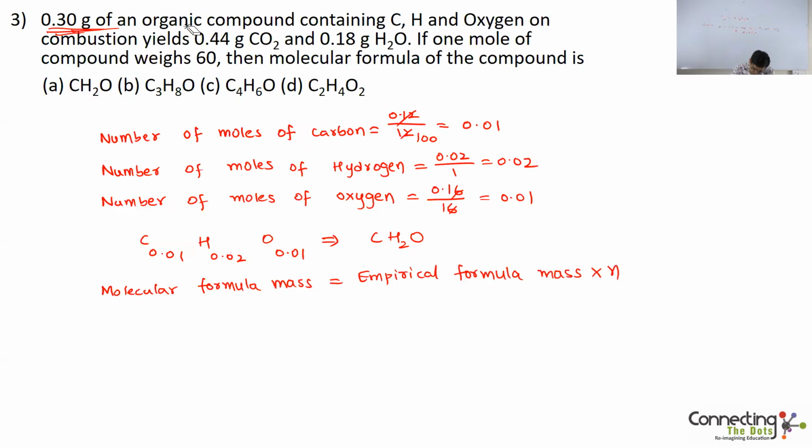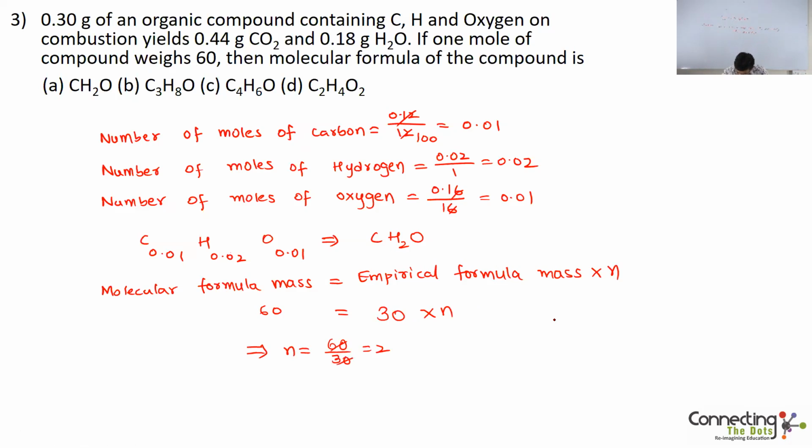So it is 60. So 60 is equal to empirical formula mass, CH2O, which will be 12 plus 2 plus 16, so it is 30, times N. So your N will be 60 by 30, which is equivalent to 2.